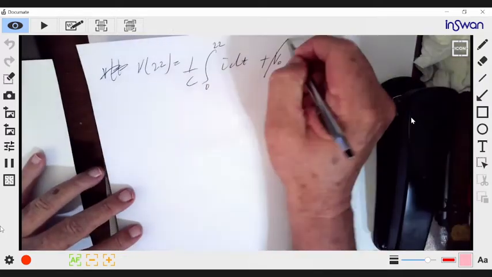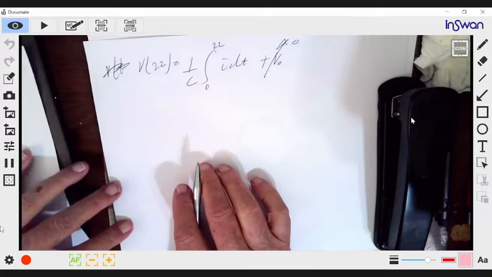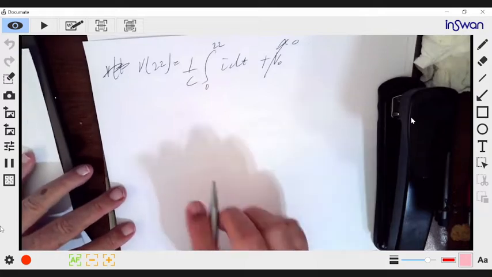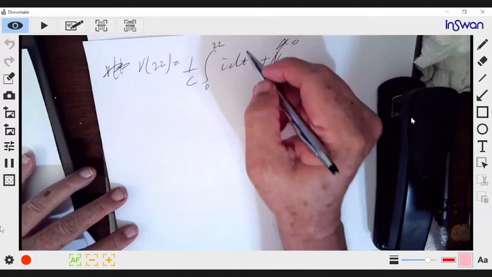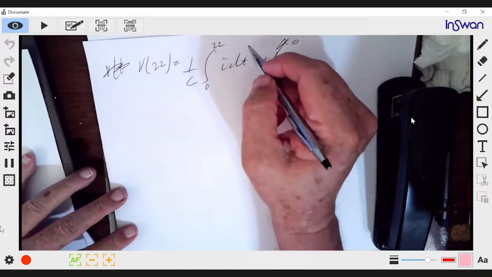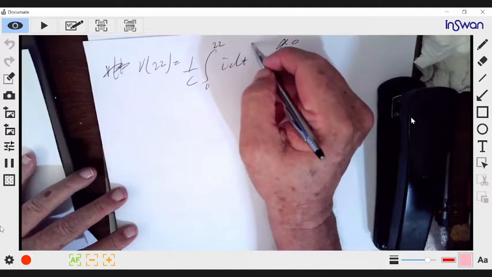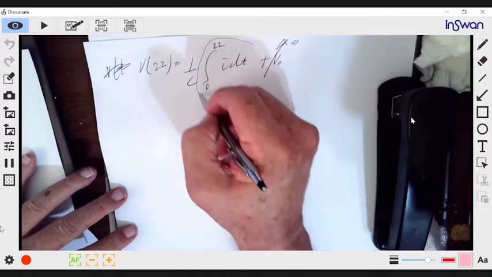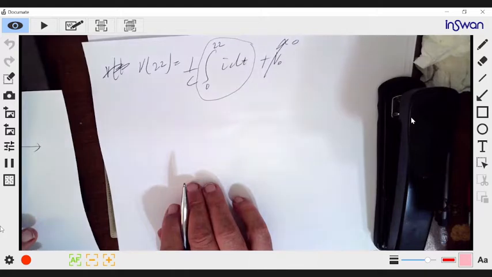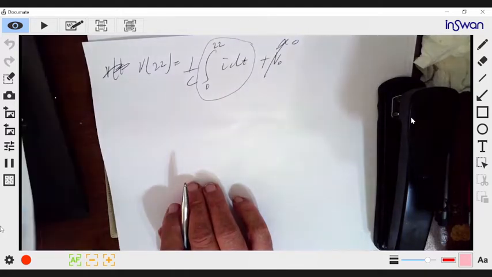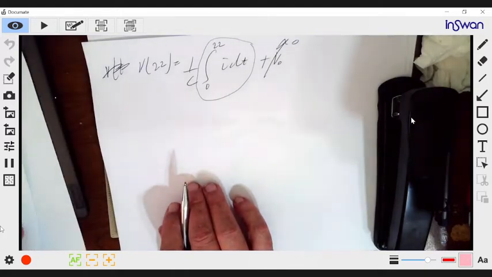V of 0 is 0. Okay. What's wrong with this integral? Why can't we do this integral?